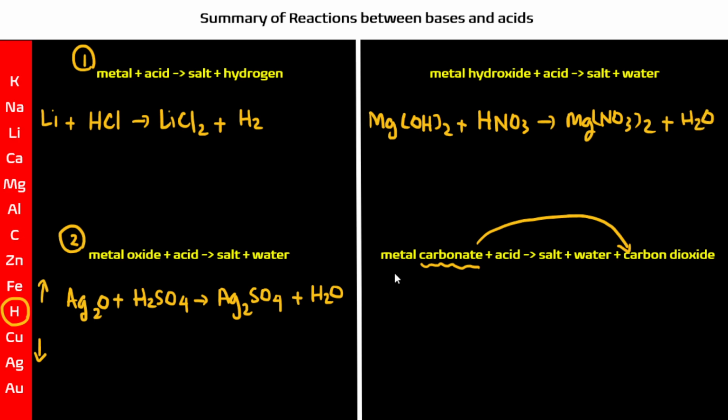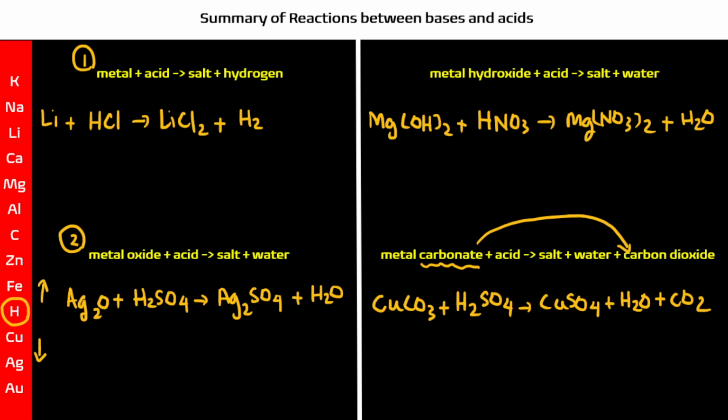Now, if we have a metal carbonate, let's say copper(II) carbonate, and we want to produce a copper(II) sulfate salt, what acid do we need? We need sulfuric acid. So it will produce copper(II) sulfate plus water plus carbon dioxide.